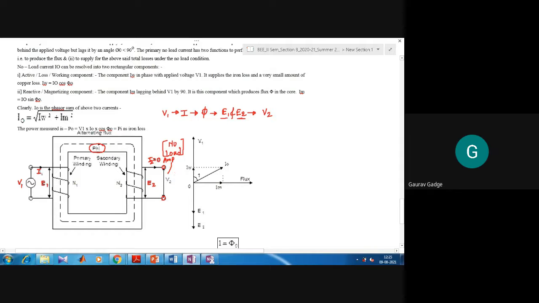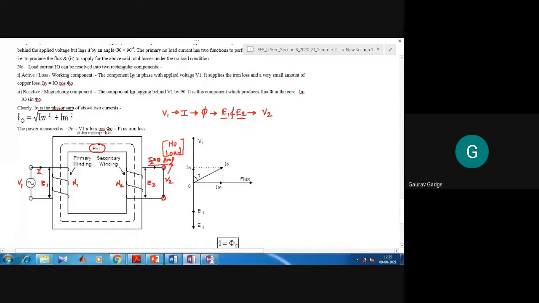As there is no load, the voltage gets developed on the secondary winding. The number of turns on the primary is N1 and on the secondary it is N2, as we discussed. The only thing is there is no load present, and therefore secondary current I2 is 0 ampere.